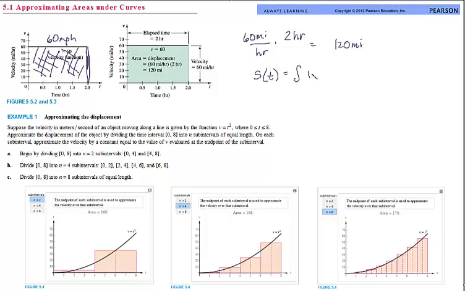The integral of velocity with respect to t gave us this displacement, and likewise I could take the derivative of displacement and get velocity. Okay, so we're focusing on the area under the curve because it's going to mean something to us, and so we're going to do a lot of skill and drill problems on approximating this area under the curve.